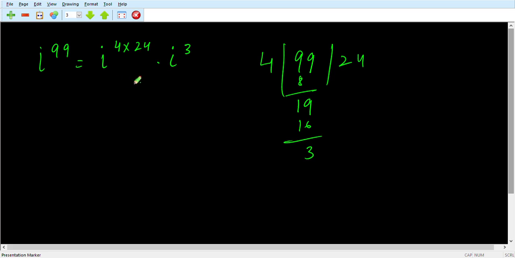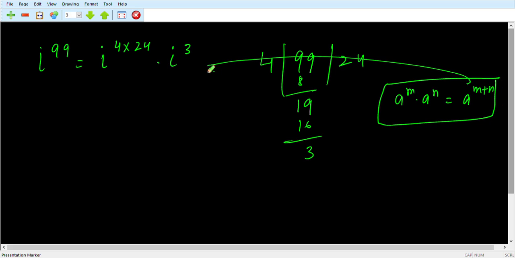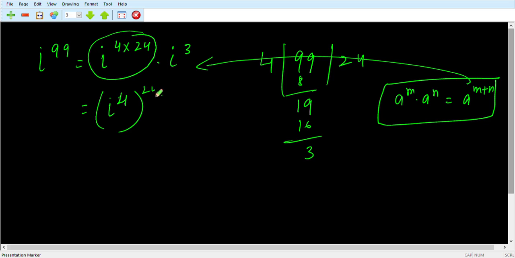I used indices. We know that a to the power m into a to the power n is equal to a to the power m plus n. We applied this logic to solve this problem. Now, we already know that iota to the power 4 is 1, so iota to the power 4 to the whole power 24 will give you 1, and 1 to the power 24 will give you 1 itself.